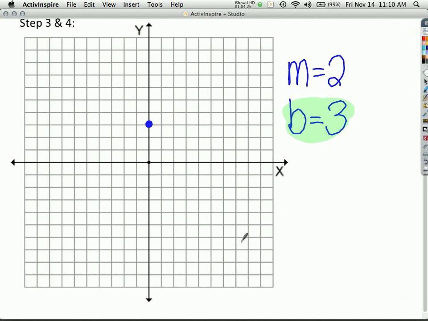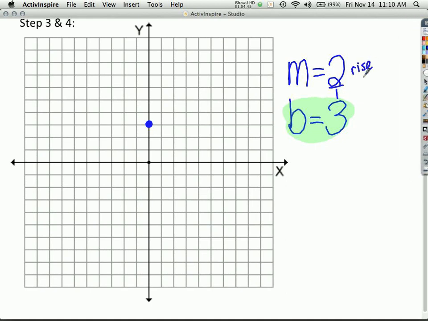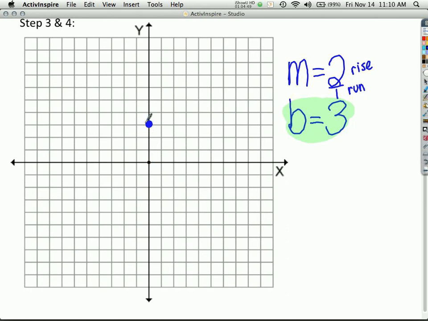Now here's the critical piece. We have the slope. The slope tells us the path. It doesn't tell us the next point, because remember, slope is rise over run. Now we have our starting point. This is the starting point, not this. So your pencil should be right there.